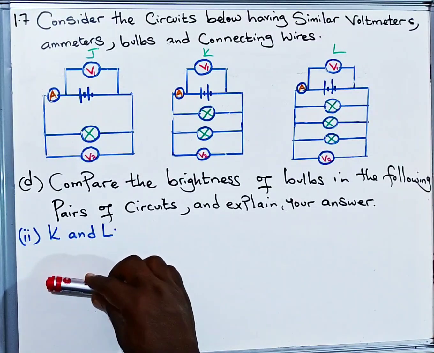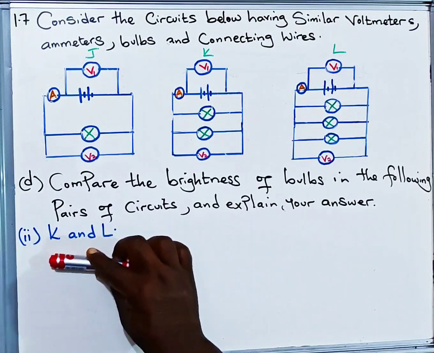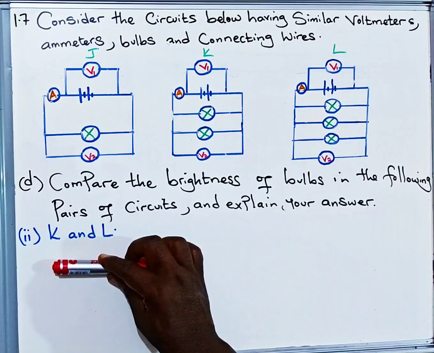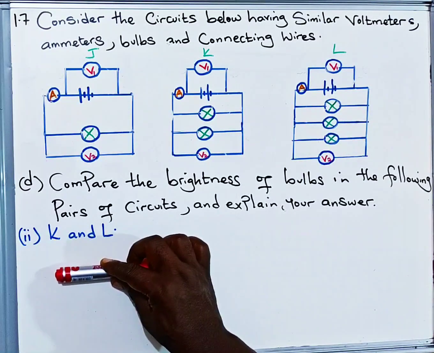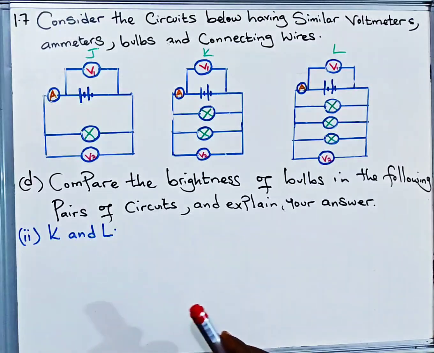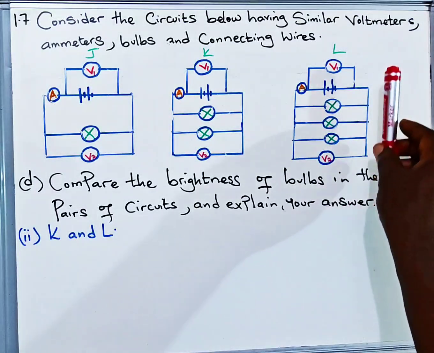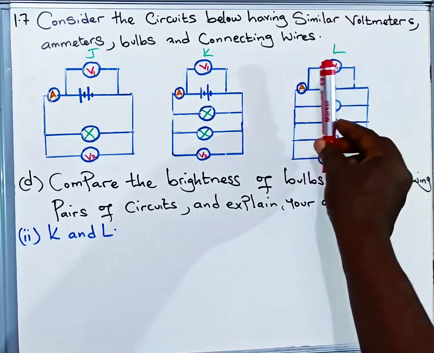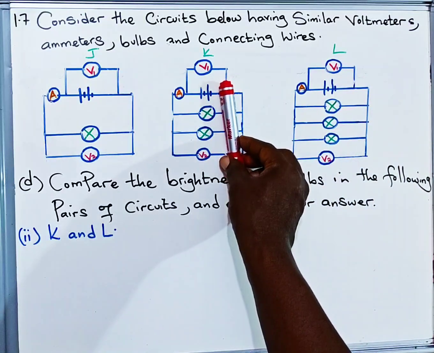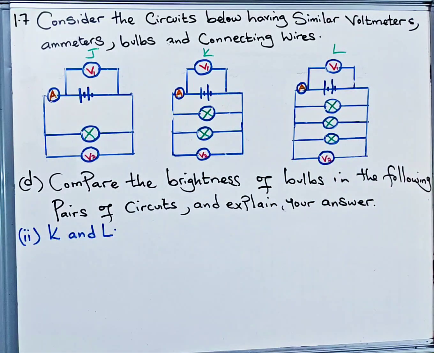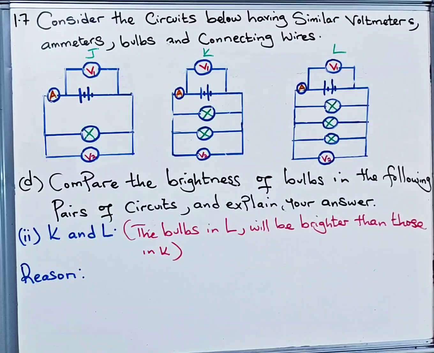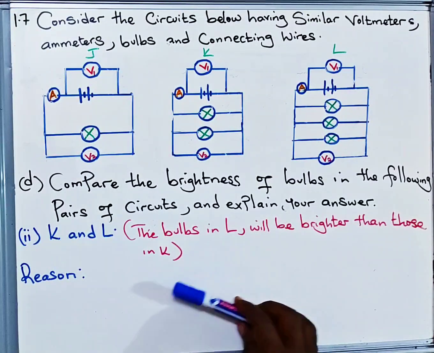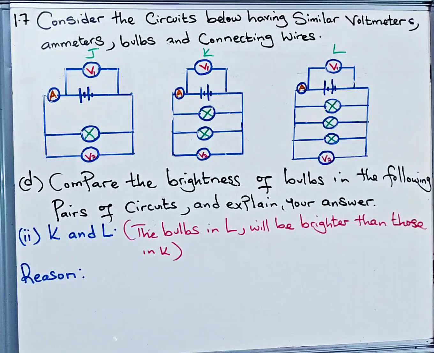Then we come to this one, K and L. Which one will have brighter bulbs? The answer is that the bulbs in L will be brighter than those in K. Then we come to the reason.